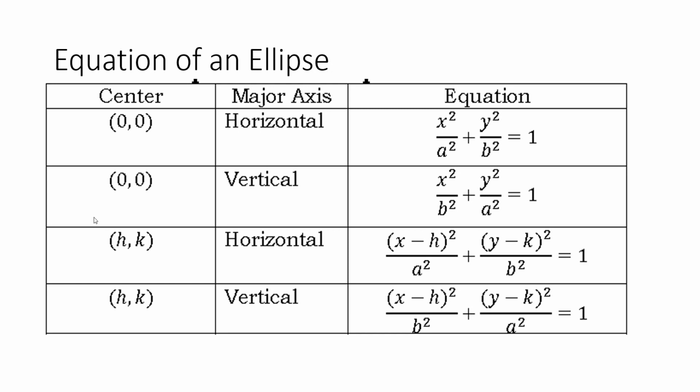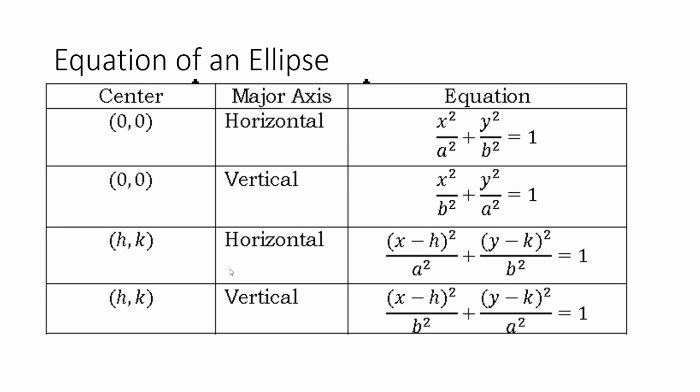Then, again, if the center is not in the origin, it has the coordinates of hk, and the major axis is vertical, then we could have this standard equation. The squared quantity of x minus h over b squared plus the squared quantity of y minus k over a squared equals 1. So we have to remember these equations or this format.